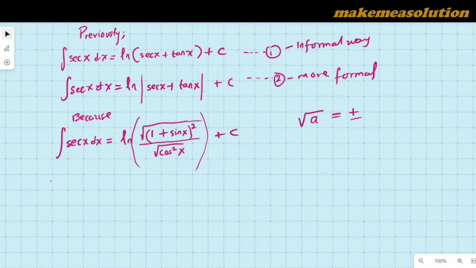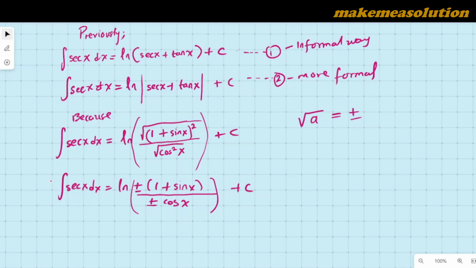So what we are supposed to be having is ln of plus or minus, in the first case we'll get 1 plus sine x, then in the denominator we'll have plus or minus cos x, like that, plus c.